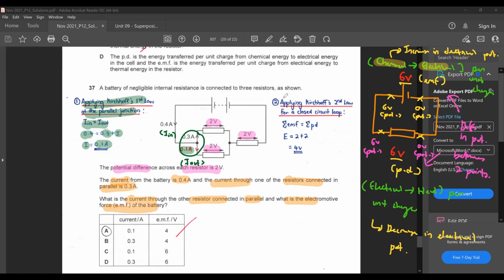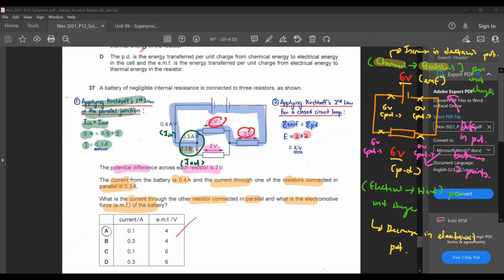And then after that, I apply Kirchhoff's second law for a closed loop because I want to find the EMF, right? You could apply Kirchhoff's second law for this blue colored loop here, which tells you sum of EMF is equal to sum of PD. The sum of your PD is 2 volts and 2 volts.